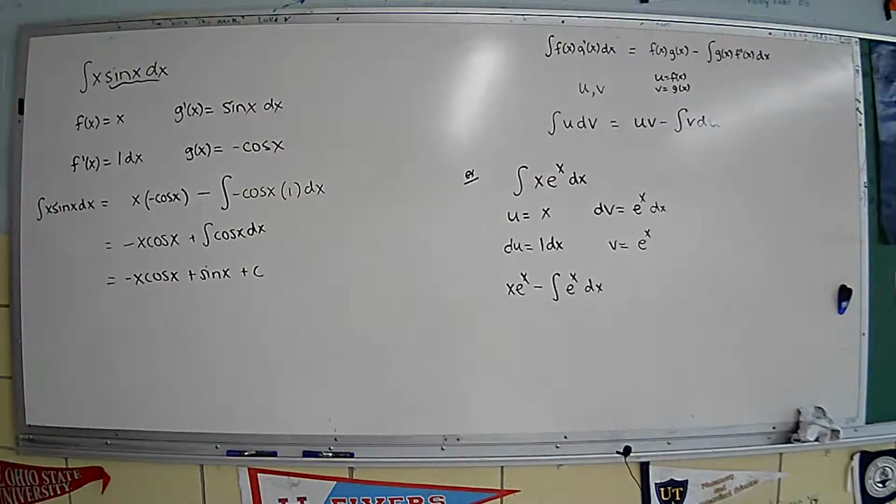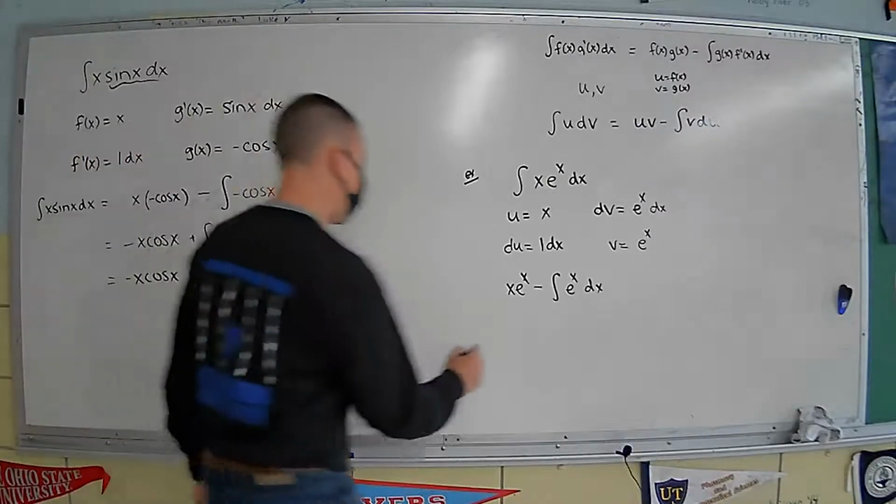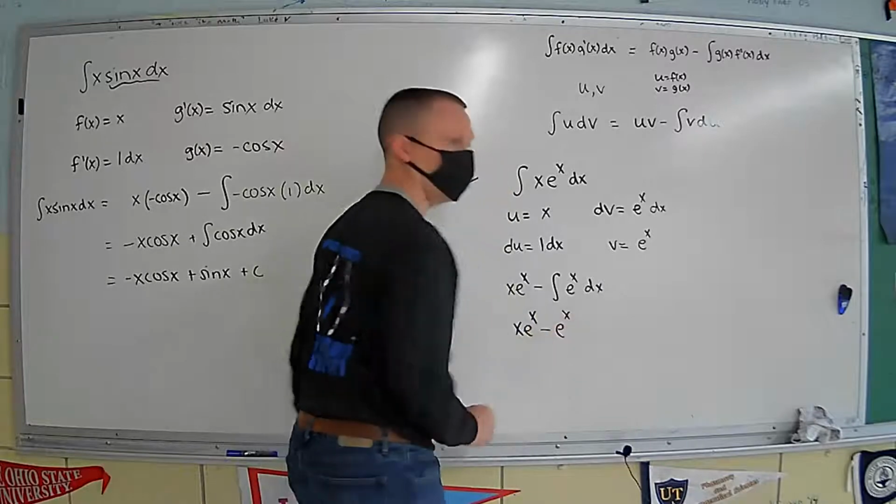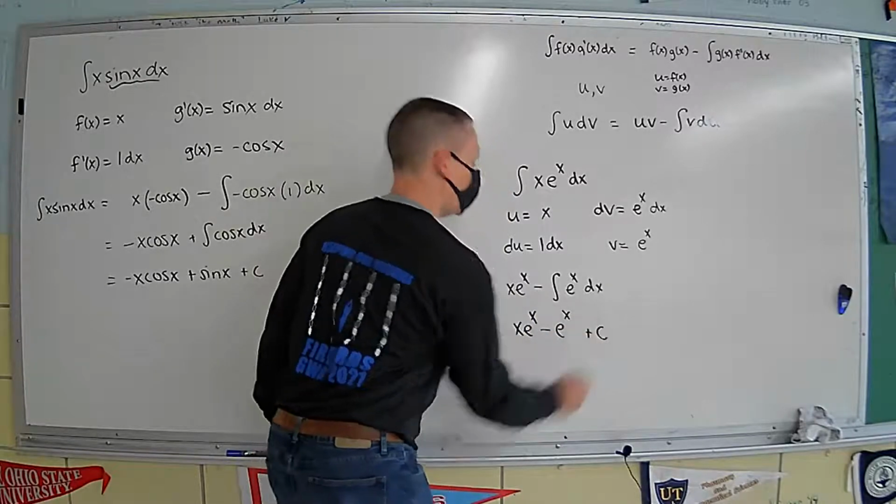And what's the antiderivative of e to the x dx? E to the x again. So this is x e to the x minus e to the x, plus c.